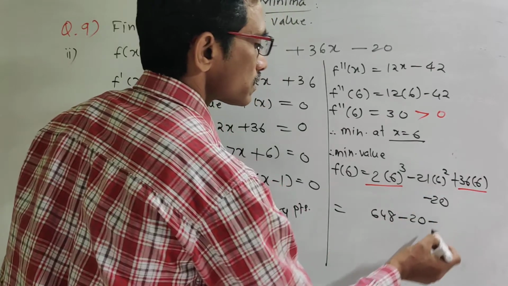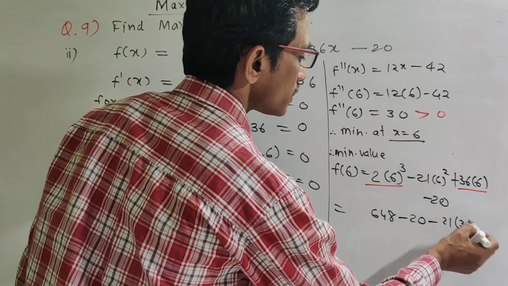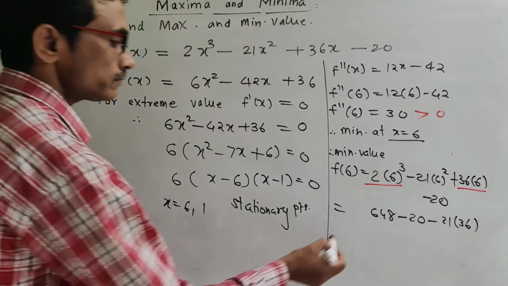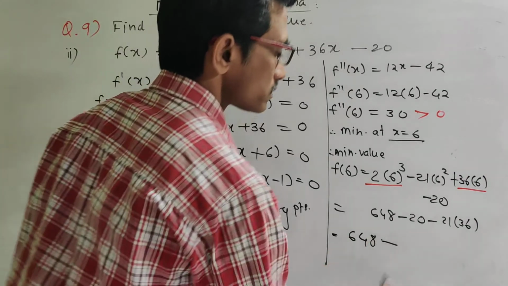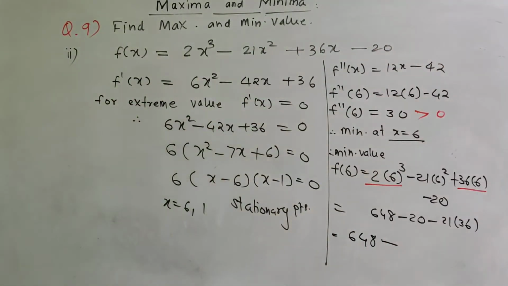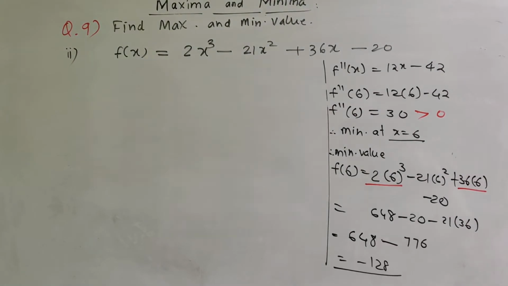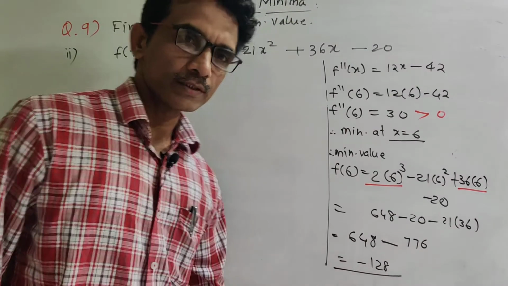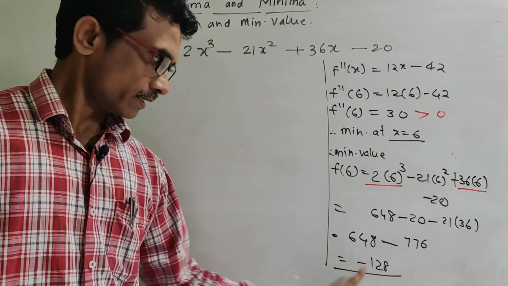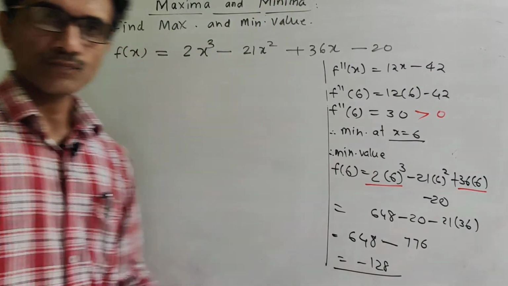So 648 minus 648 minus, so the minimum value of the function is f of 6, and that is equal to minus 128.